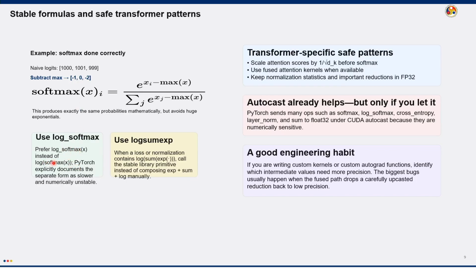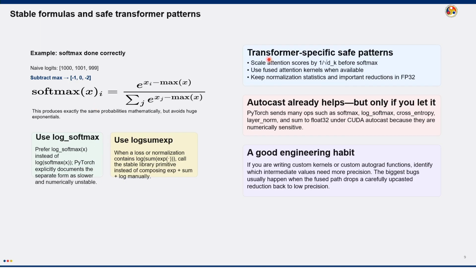Or you can use log softmax, as I said. This is another preferred way: instead of the log of softmax, log softmax of x is preferable, and log-sum-exp is also applicable wherever you need to stabilize softmax computations.